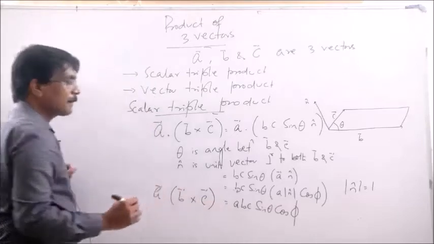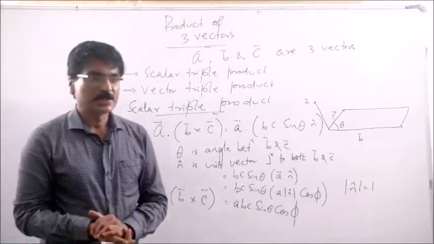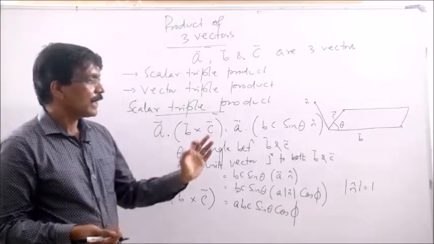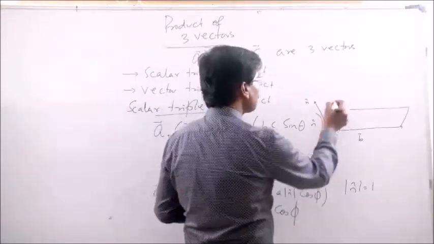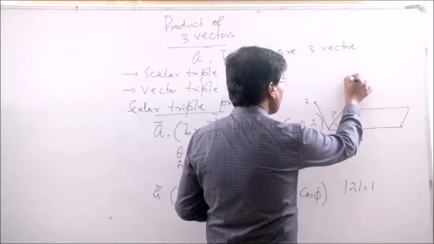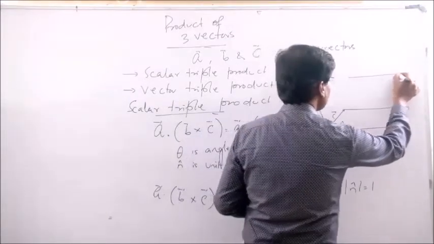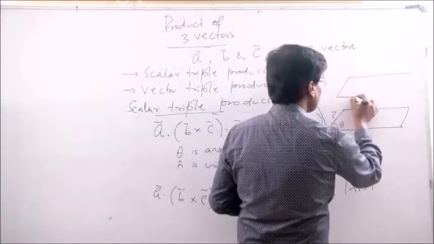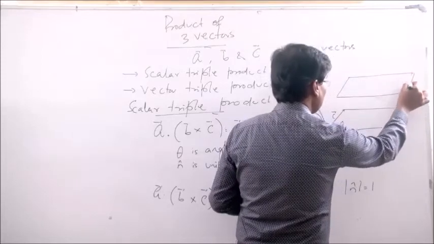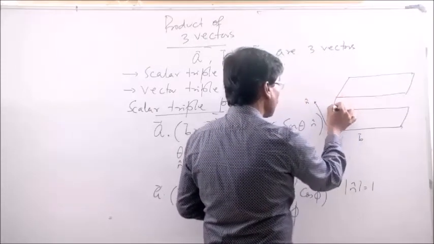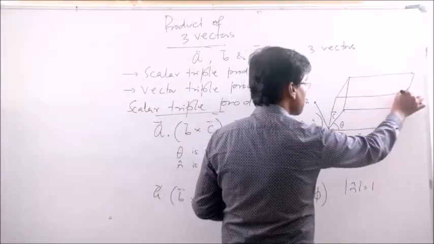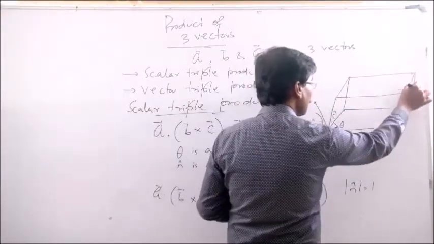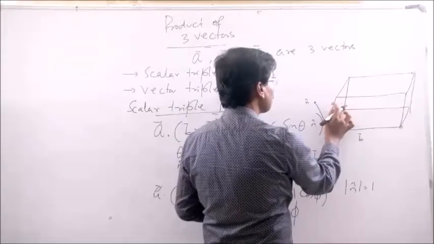So what is phi? Phi is the angle between a vector and n cap. This is a three-dimensional concept. If you take a rectangular parallelepiped and join these sides, so this is a vector.